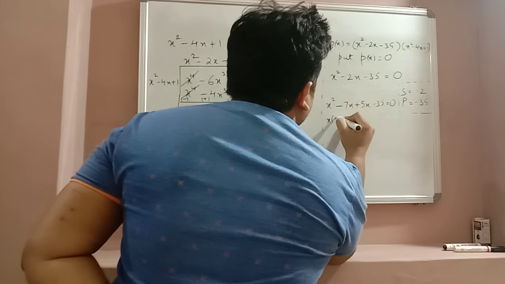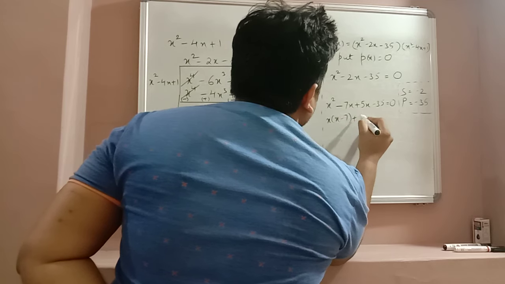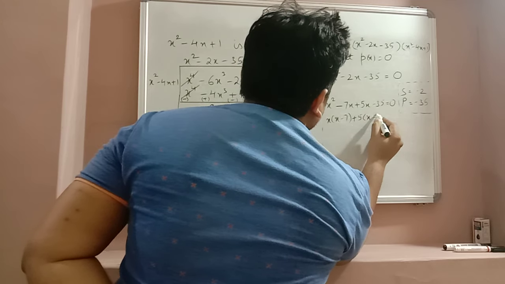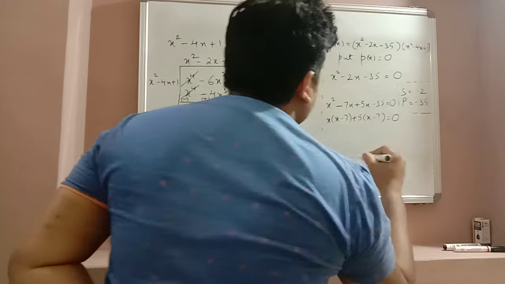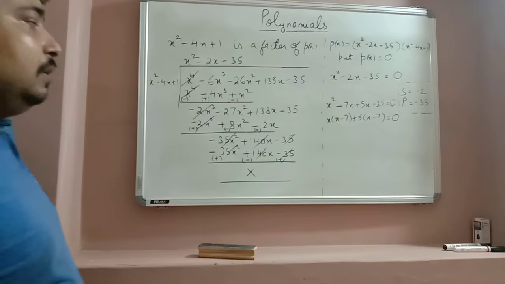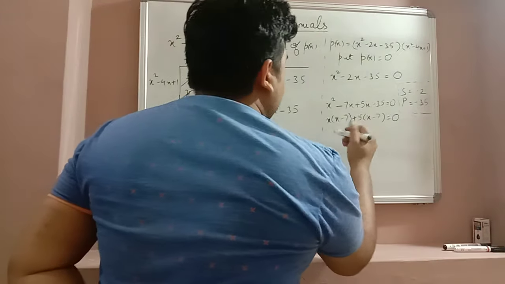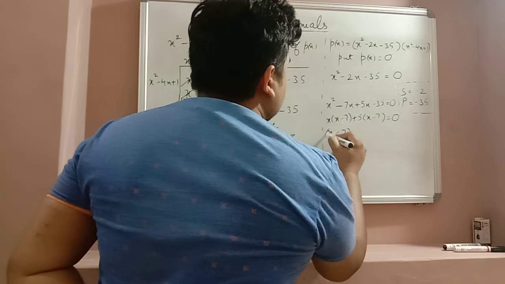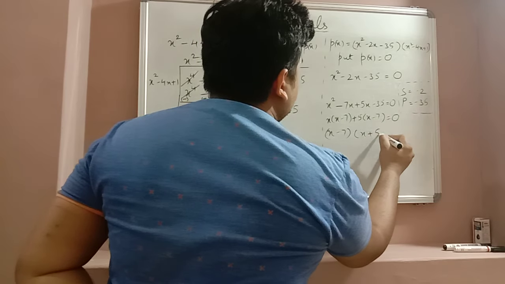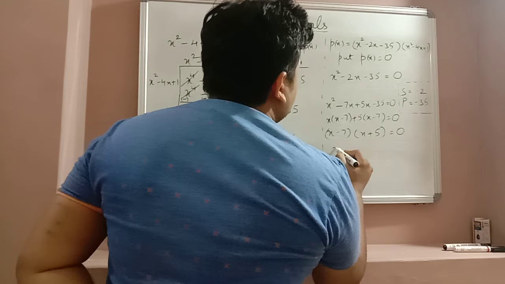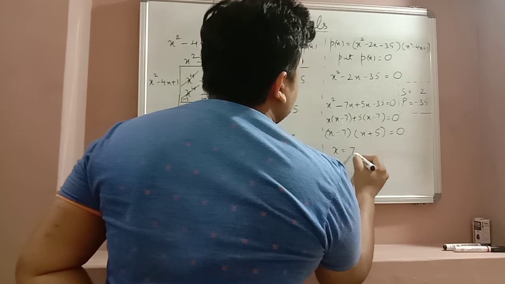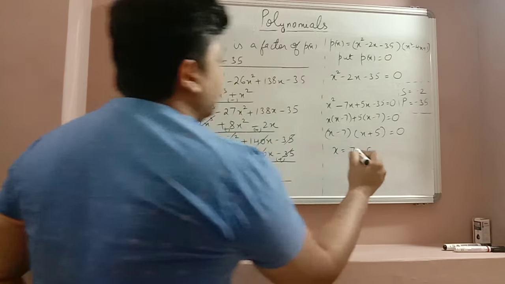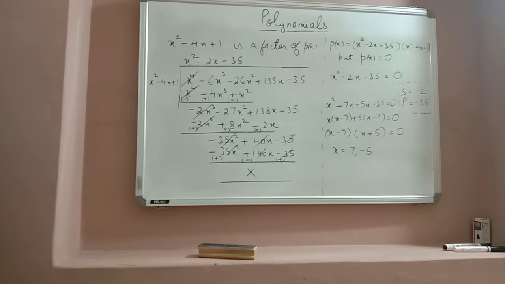Now x is common, x into x minus 7, plus 5 common, x minus 7 equal to 0. In these two terms, x minus 7 is common. I will get x plus 5 equal to 0. So I got two values of x, x is equal to 7 and x is equal to minus 5.